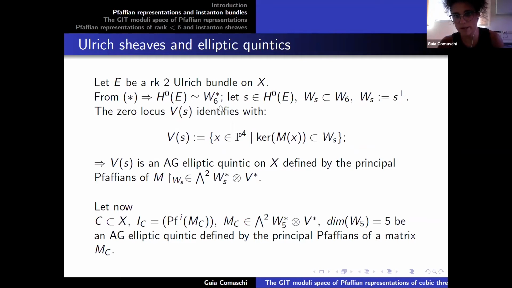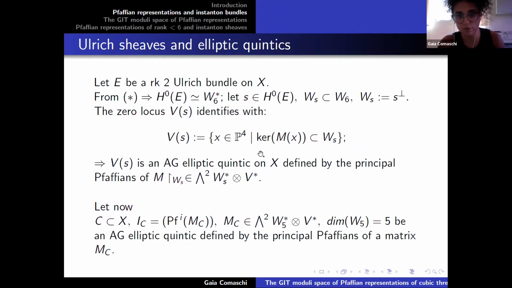So a global section just defines a hyperplane in the space W6. The zero locus of this global section will be the locus of points in P4 where this matrix, which is a skew-symmetric matrix, will have rank 4 as its kernel is contained in this hyperplane WS.